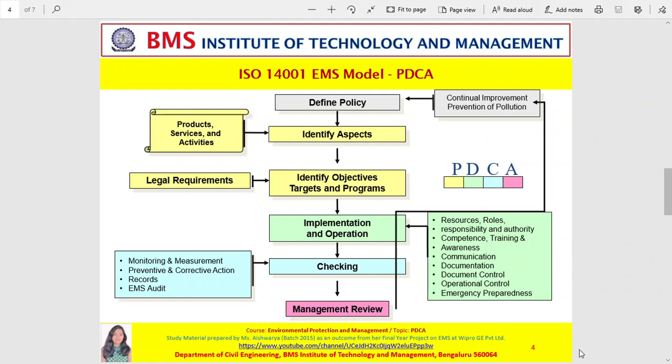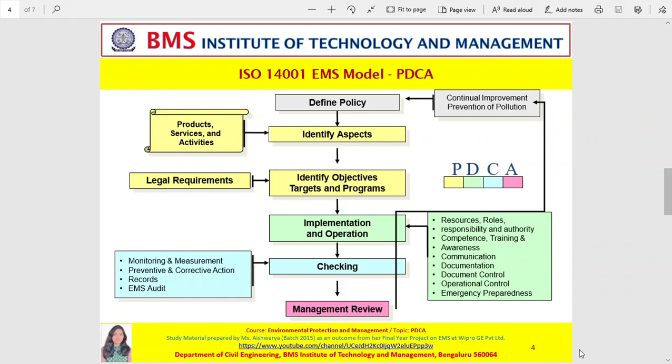So that completes the process of planning, after which the implementation and operation of the planned environmental objectives and targets is to be achieved. This falls under the category Do.